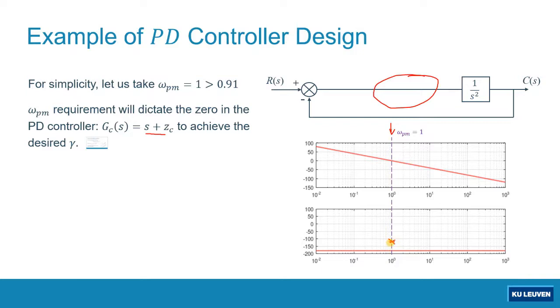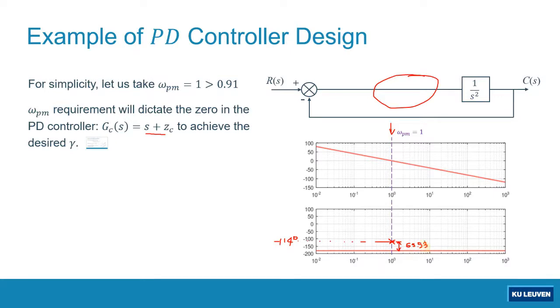I guess this should be around minus 114 degrees. In such a case, our phase margin will be equal to 65.53 degrees.